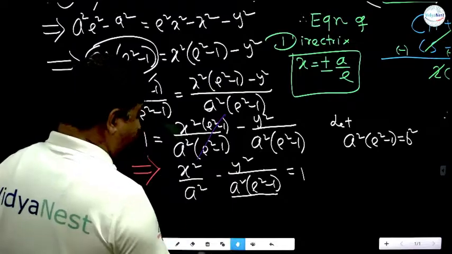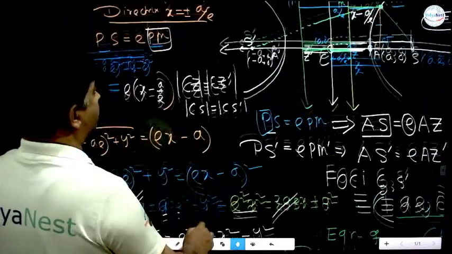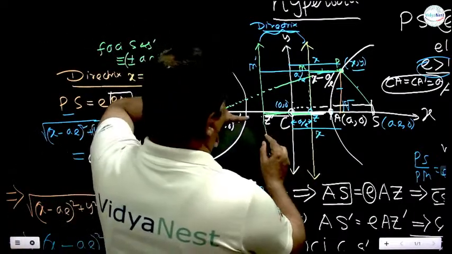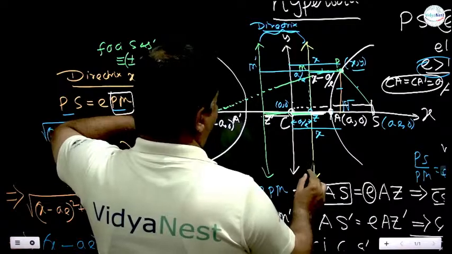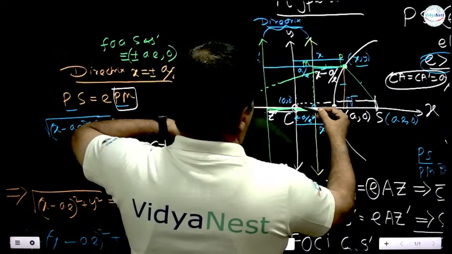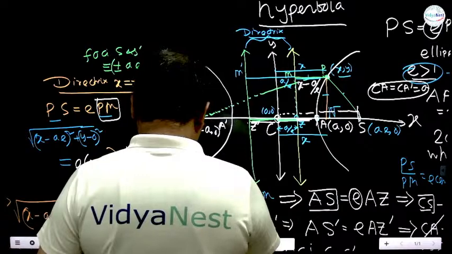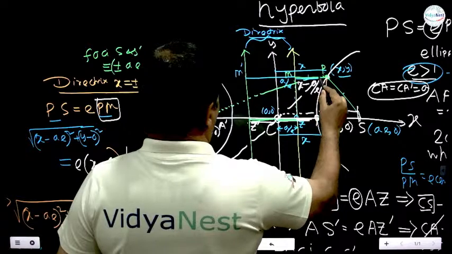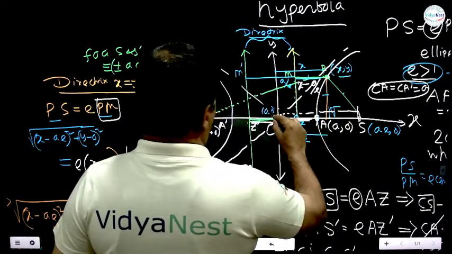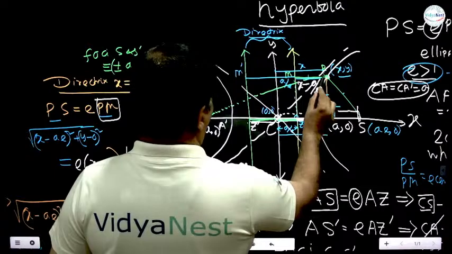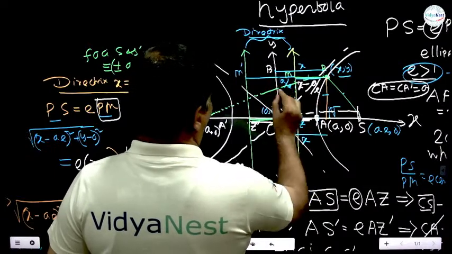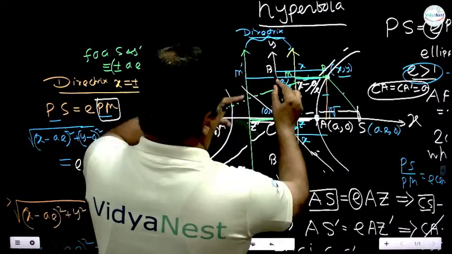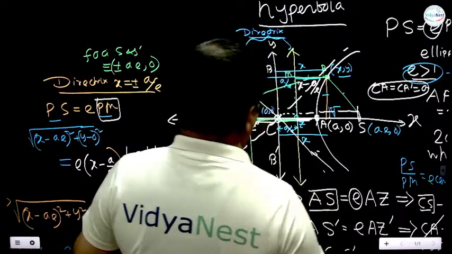What is b? See, this part is a dash, and if I draw one straight line passes to origin and its conjugate, there will be b dash, but you know that point is rough point, it is a not fixed point, it can be anywhere.